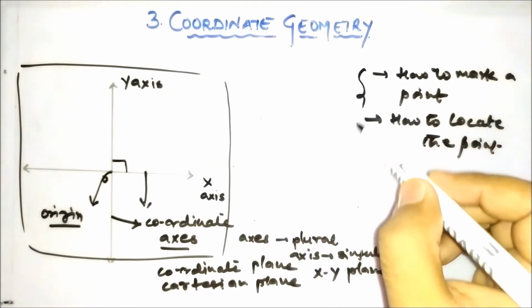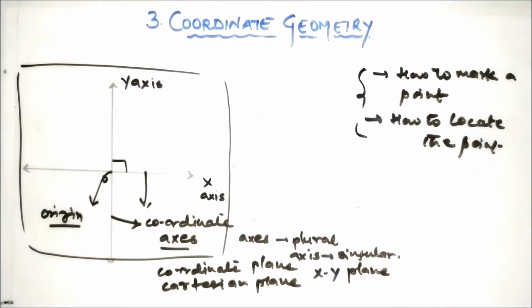Only these two things you need to understand in this chapter. This is the easiest one. If you understand this class completely, then you will be able to do both things.